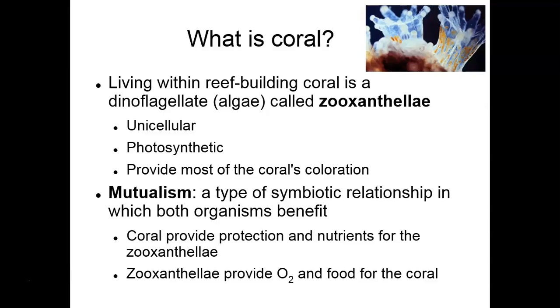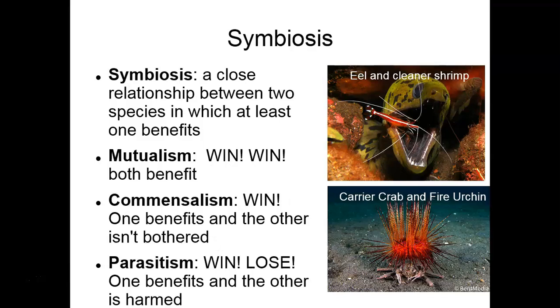So the zooxanthellae, by way of photosynthesis, actually make sugars that the coral can then eat. And coral actually have a hard time getting a lot of nutrients and a lot of food without having these zooxanthellae in their tissue. So if the zooxanthellae leave because the conditions aren't very good, then the coral won't be as healthy. And again, that's called coral bleaching.